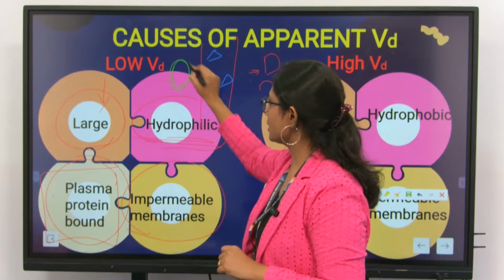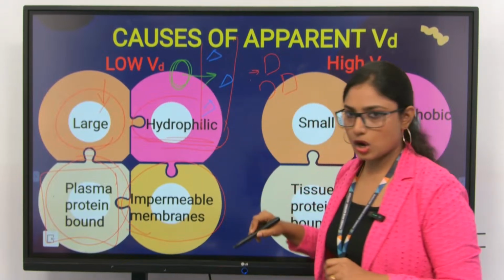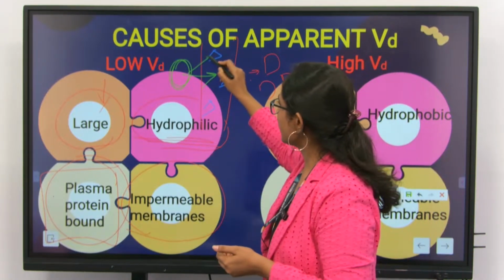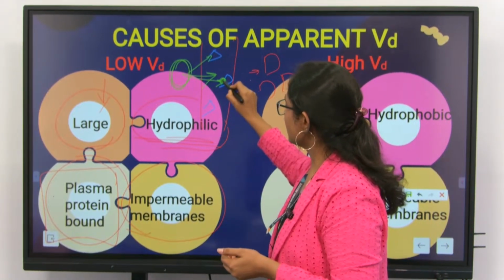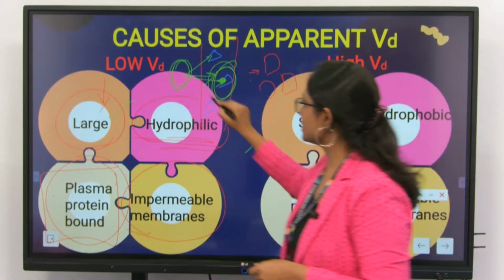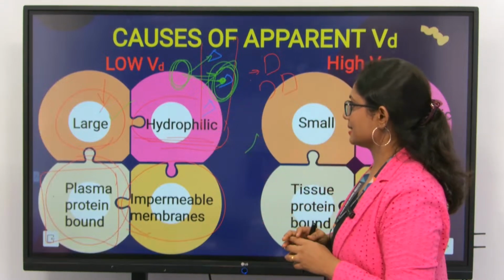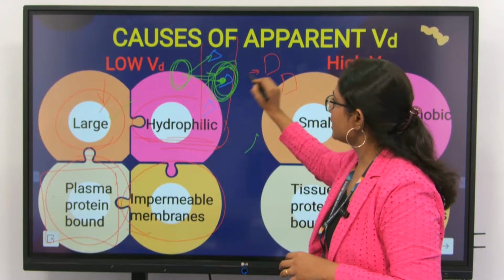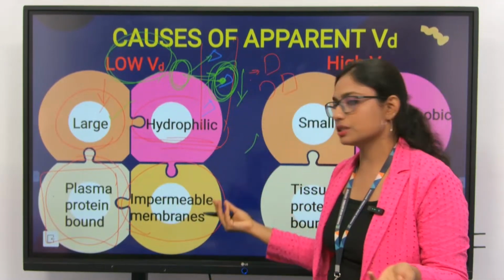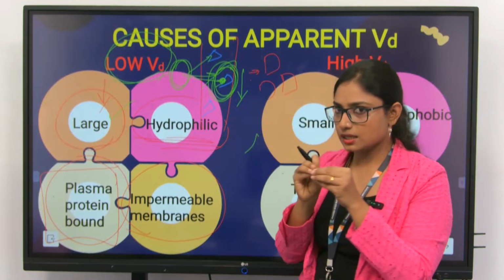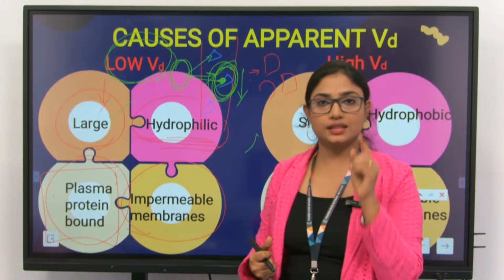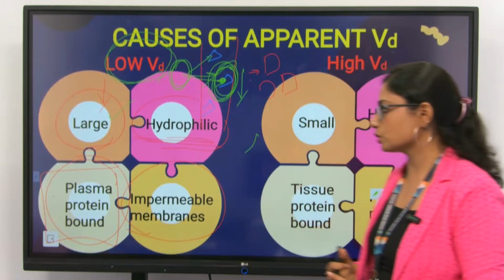When I take a sulfur drug and it reaches the bloodstream, as it has more affinity to the plasma protein, it binds to this protein and stays in a complex state. The molecular weight and size of the drug increase, so the diffusion decreases, and the volume of distribution decreases. So if the drug has high affinity to plasma proteins, the volume of distribution decreases.